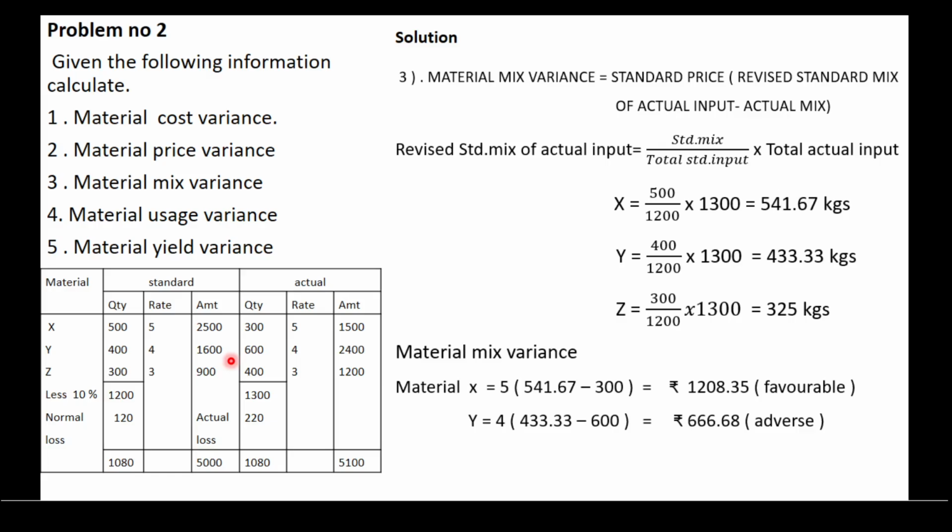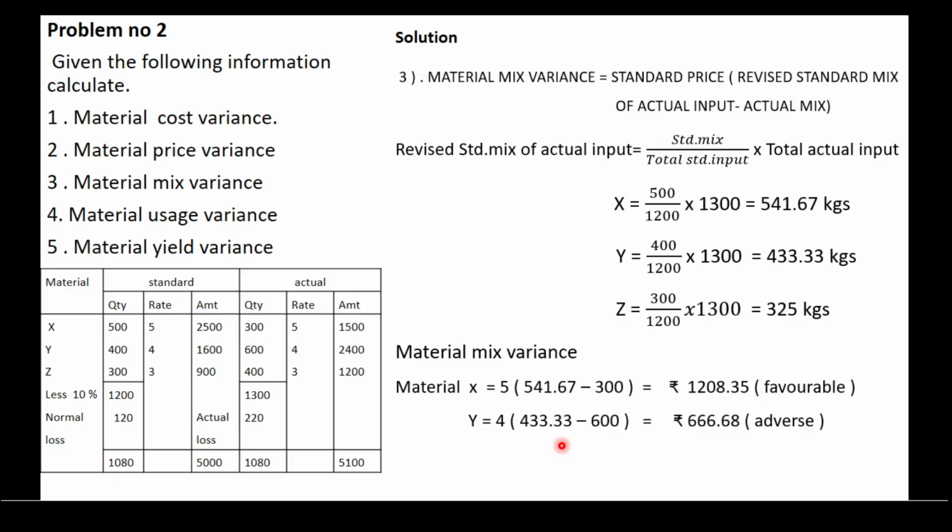So the material mix variance of the material Y is rupees 666.68 adverse, because here the actual mix is more than the revised standard mix of actual input. So that's why it is called adverse.